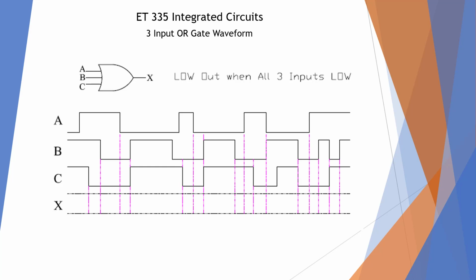Here's our 3 input OR gate. So we're looking for all zeros. So let's highlight where all the zeros are at.